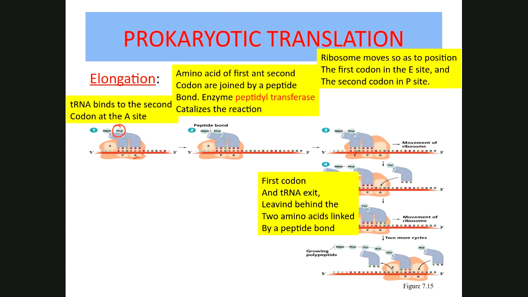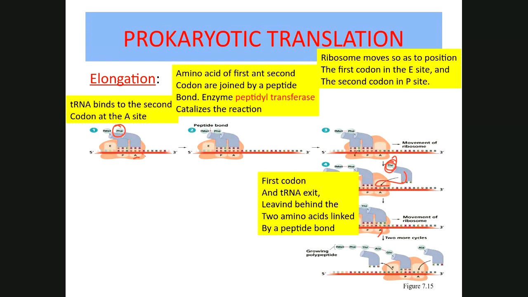The next one is ACG, and ACG stands for threonine. So the tRNA will match the ACG and have threonine at the other end.